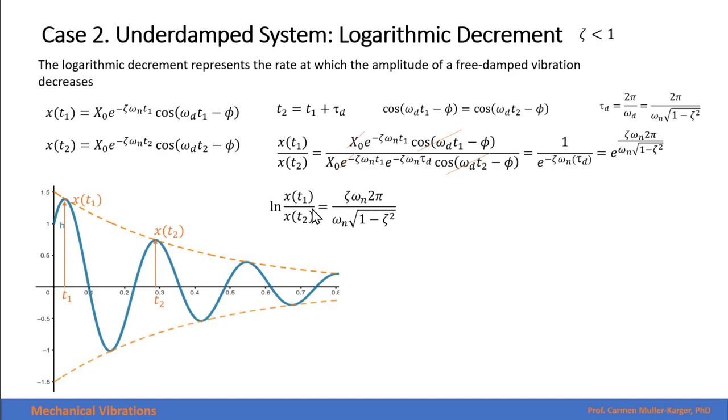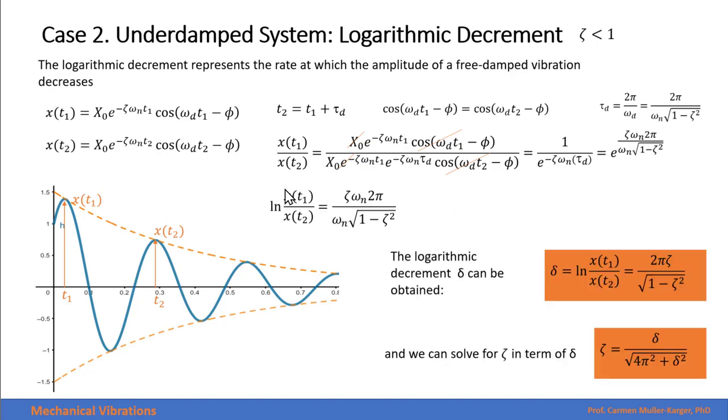And if we take the logarithm on both sides of the equation, we get this expression. We can cancel out the natural frequency, and then we get what is called the logarithmic decrement, which is a dimensionless quantity and is another way to measure the damping of the system. So this is the logarithmic decrement, and we can solve for zeta in terms of the logarithmic decrement.